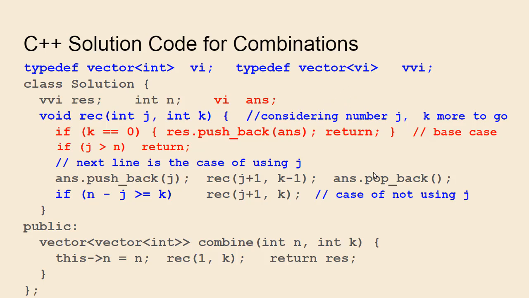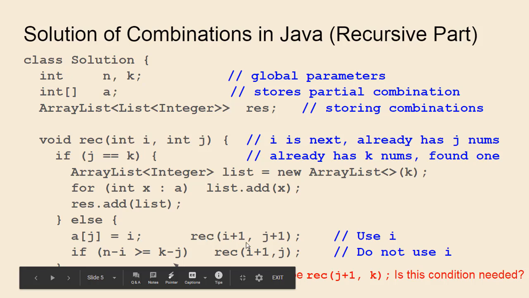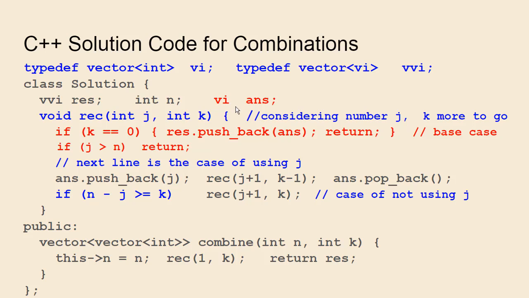Because when the function returns, the index doesn't change, I don't need to explicitly remove it. The next recursive call will simply overwrite the integer. So if I use this vector as an array instead of using push_back and pop_back, I can directly do assignment, say answer[J] equals something, and then I don't need pop_back as well. So I'm just trying to illustrate different ways of doing similar things.